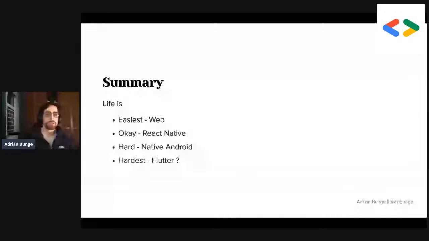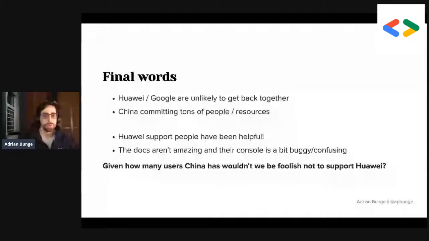Final words before I get onto some tinfoil hat questions, but maybe we can do other questions first. Google and Huawei are unlikely to get back together again. Huawei is putting tons of people and resources into this problem. It's pretty staggering. The Huawei support people have been so efficient.